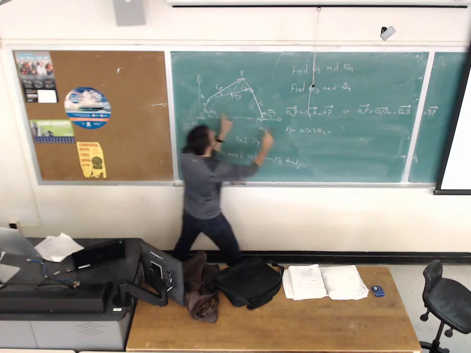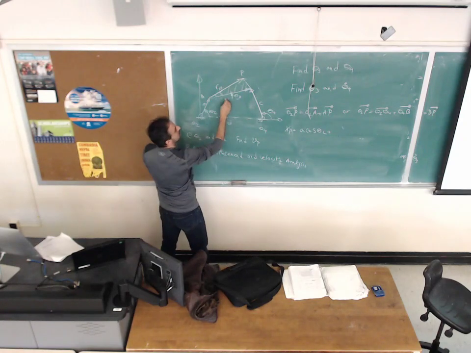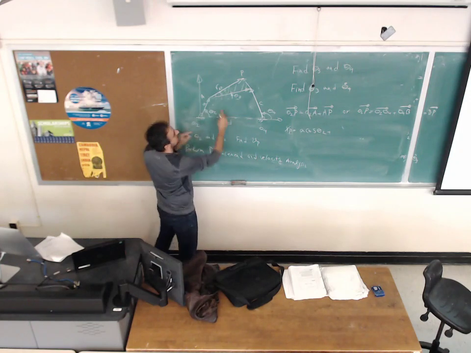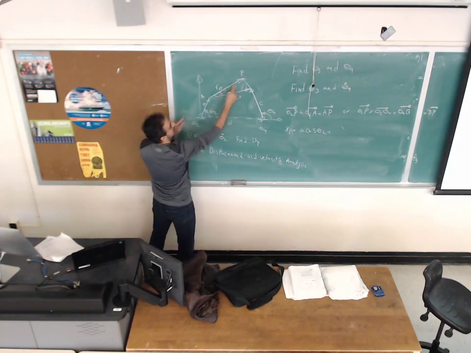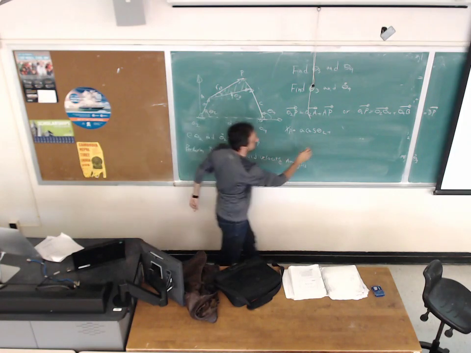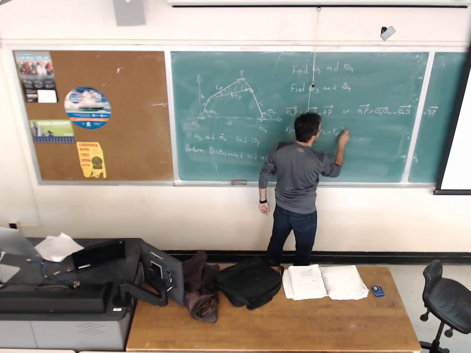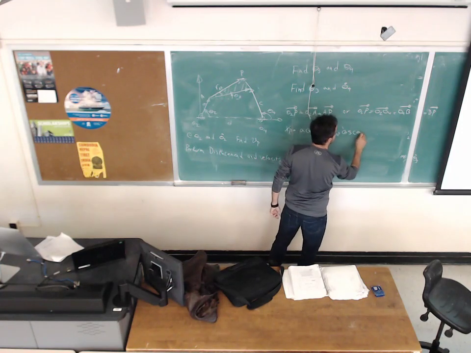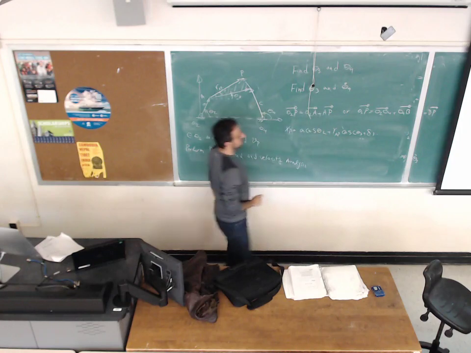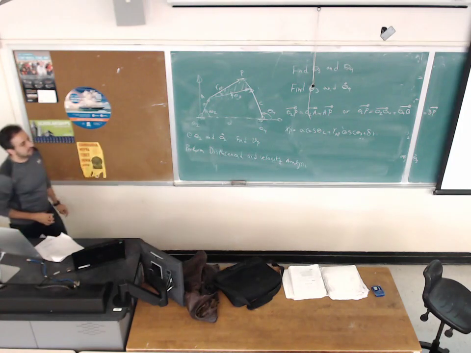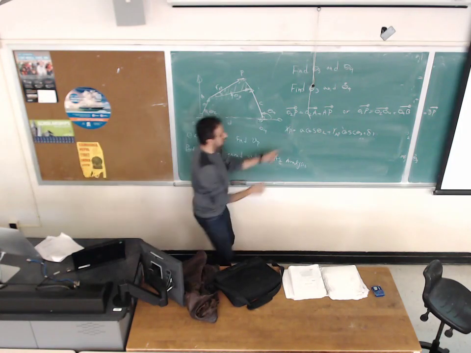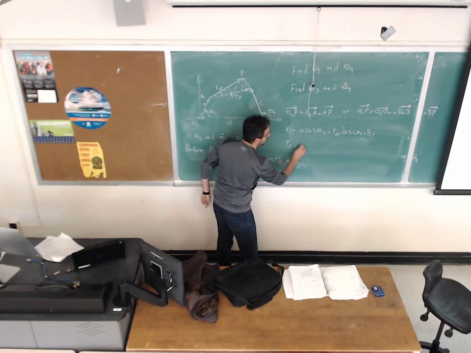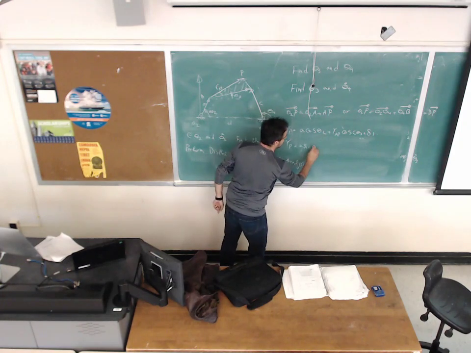Plus the length of the vector multiplied by cosine of this angle. Cosine of this angle times RAP is going to give me the x component of this vector. This angle is theta 3 plus delta. So I'm writing RAP cosine of theta 3 plus delta. So that's going to give me the x component of point P. Y component of point P, just change cosine to sine.